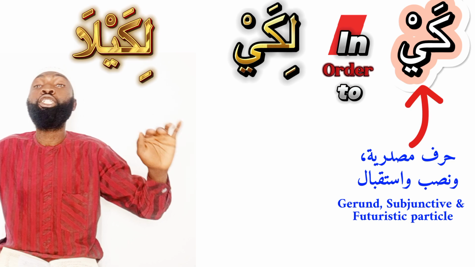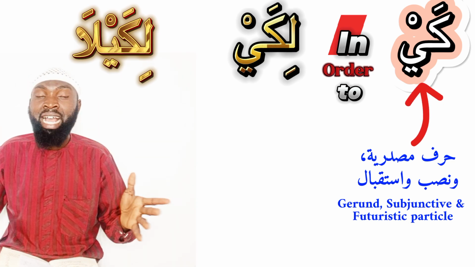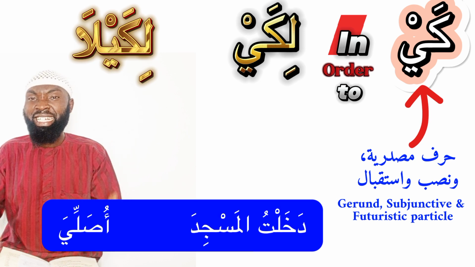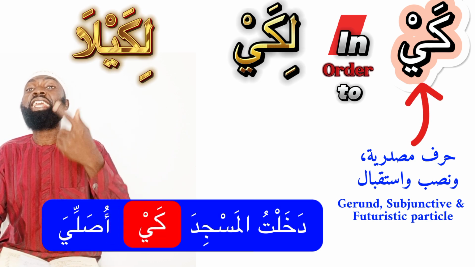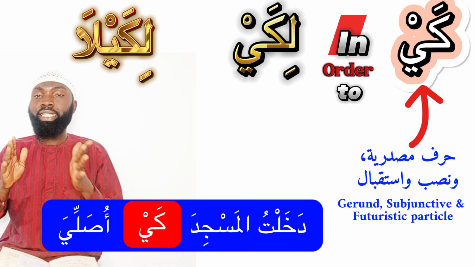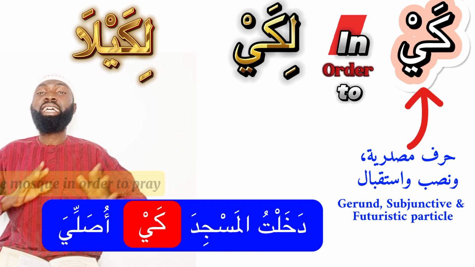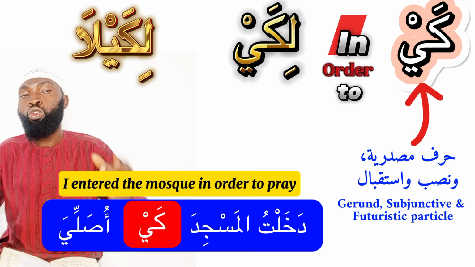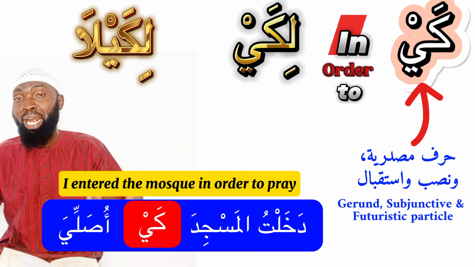Now, let me provide you with an example to clarify this. I can say, dakhaltul masjida likay usalliya, or kay usalliya, which simply translates to I entered the mosque in order to pray, so that I can pray.